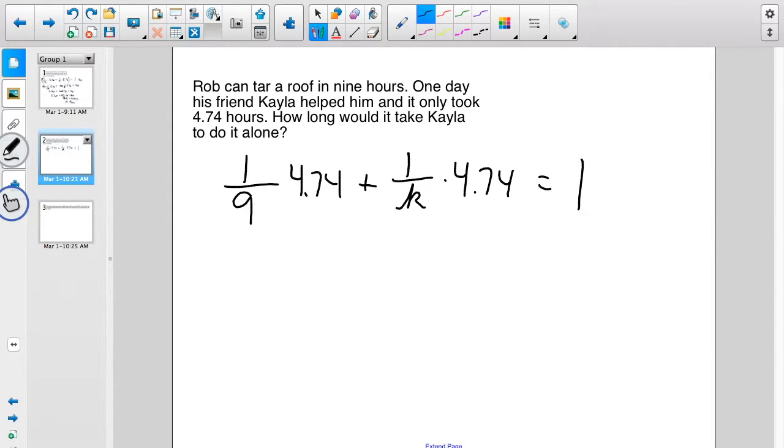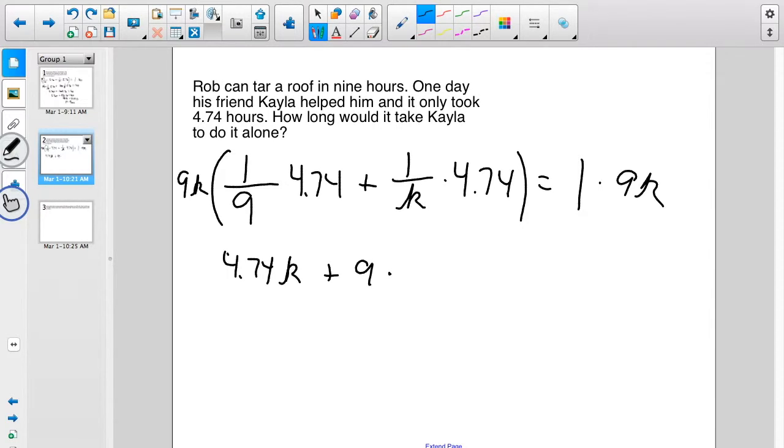So that's our basic setup, and now what I'm going to do is take the variable out of the denominator by multiplying both sides by 9K, and we are left with, after I cancel out, 4.74K plus 9 times 4.74 equals 9K.